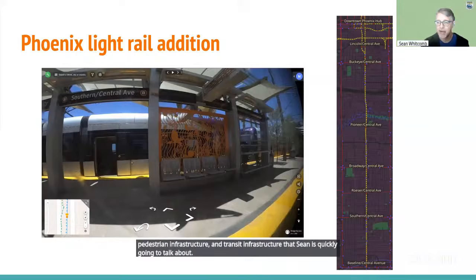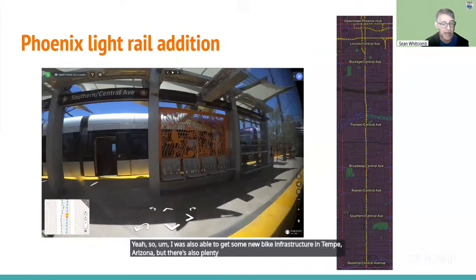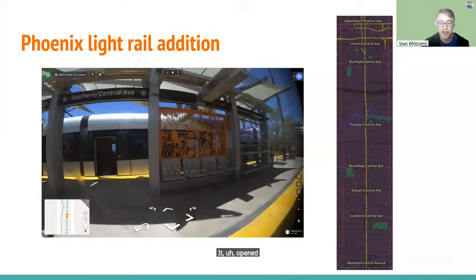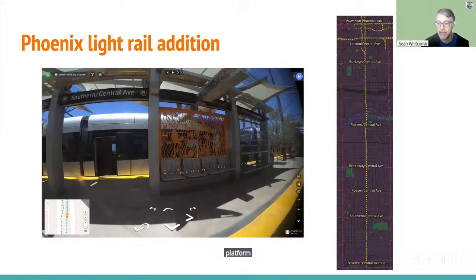Yeah, so I was also able to get some new bike infrastructure in Tempe, Arizona, but there's also plenty of other things you can map. So we recently got a new light rail extension in Phoenix, and it opened in June, shortly after I got my GoPro camera. And so I headed over there, was on the very first train of that new light rail extension, and I was able to map every single platform and stop location all along the way, well before there's any imagery.